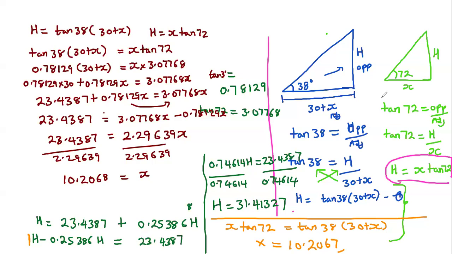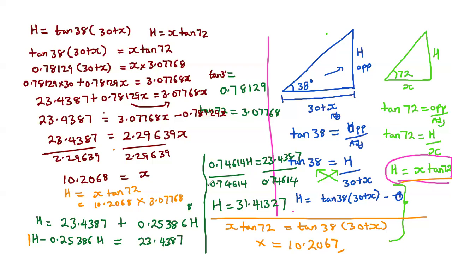Then from there, now I can go and use any of the equations to find h. So allow me to pick this one here. It says h is equal to x tan of 72. So here I'll know that my x is 10.2068 times tan of 72, which is 3.7768.